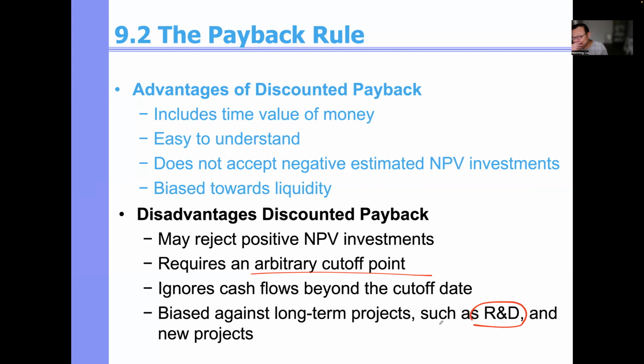How long does it take pharmaceutical companies to design a vaccine? It is a long-term project. That means you won't see those cash flow numbers until later. And because the payback rule prefers quicker success, those long-term projects will be biased against.